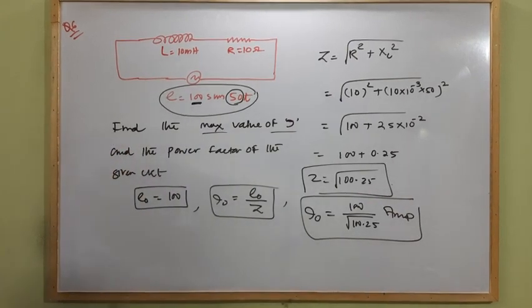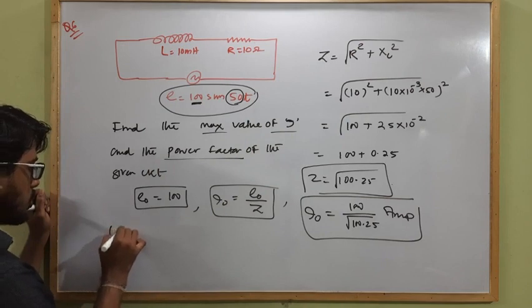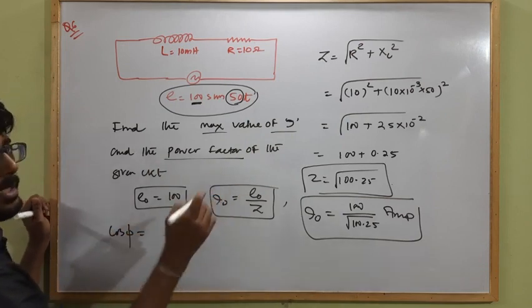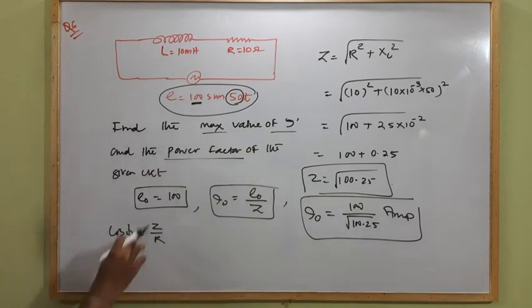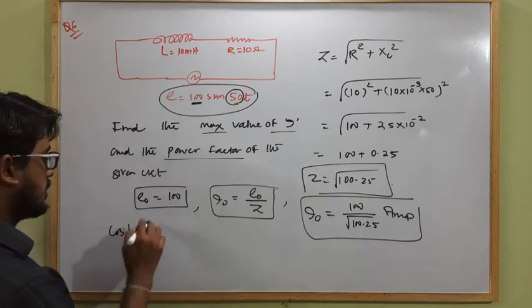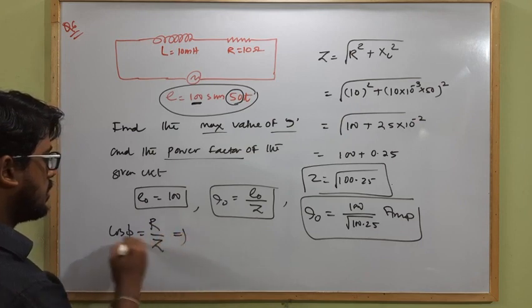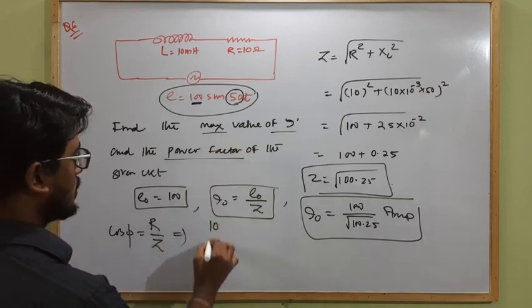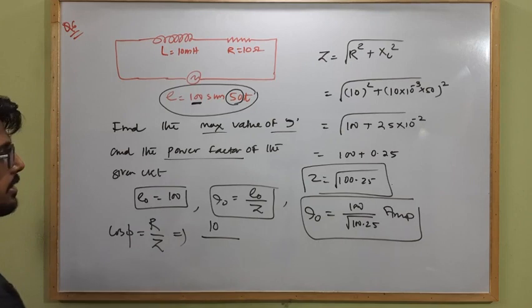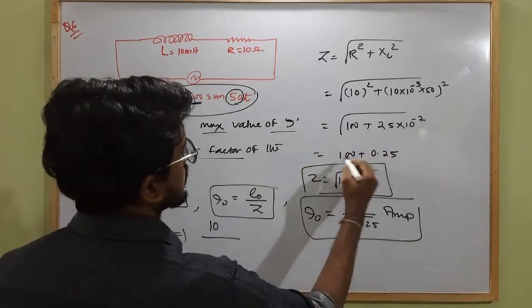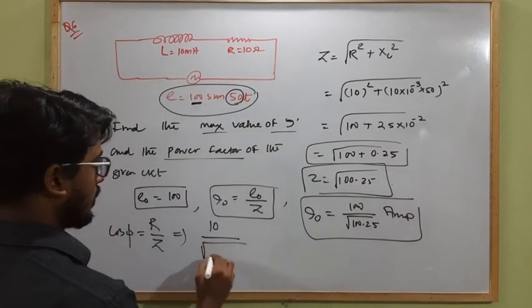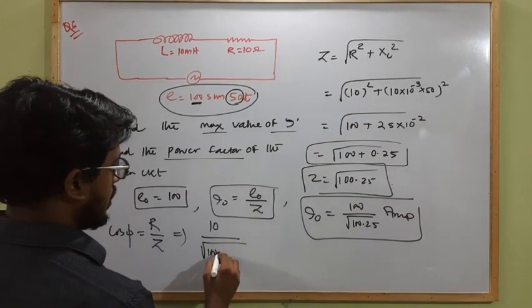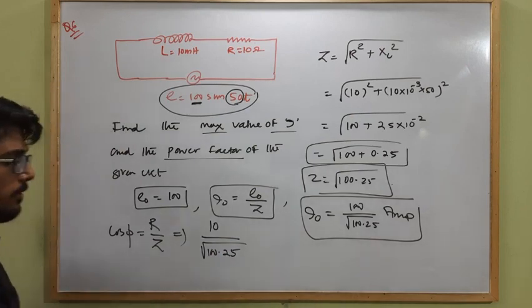Clear? So now we have to find out what? The power factor. So what is power factor? Cos phi. In the impedance triangle we know cos phi equal to R by Z, base by hypotenuse. So R is 10 divided by Z, which is root of 100.25.